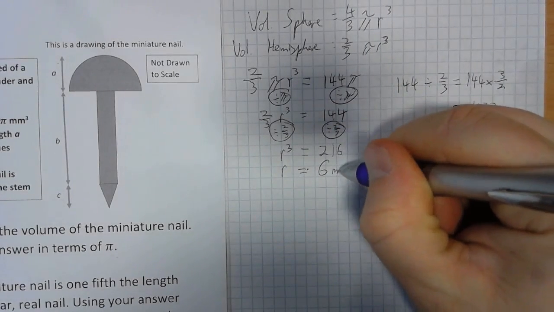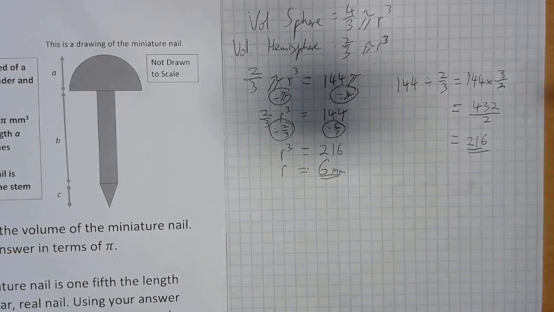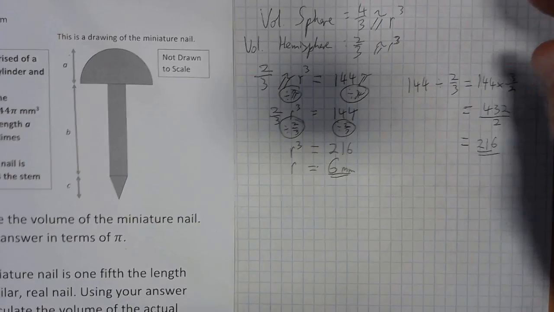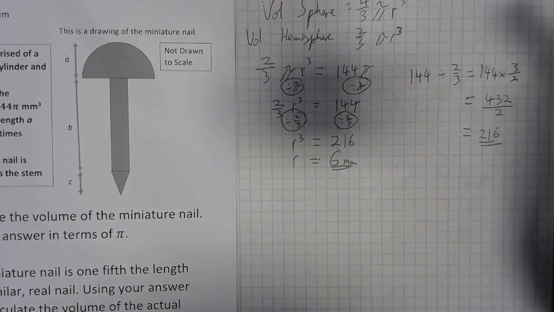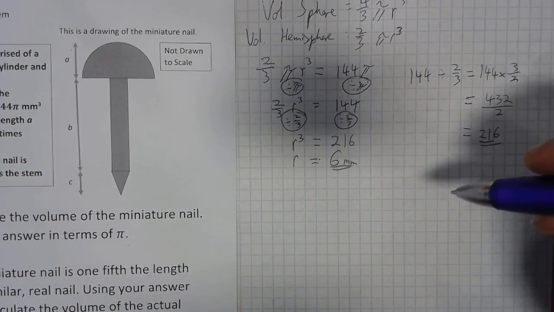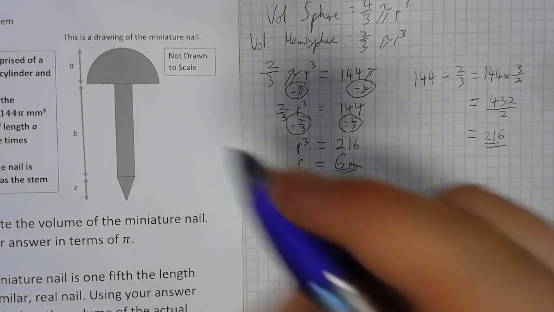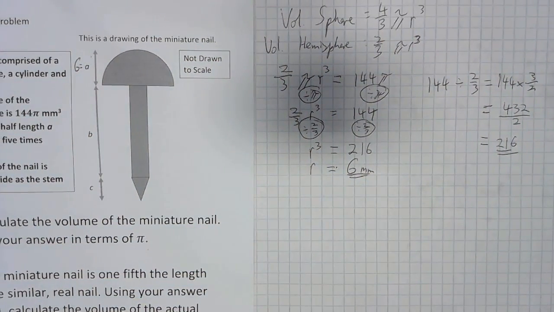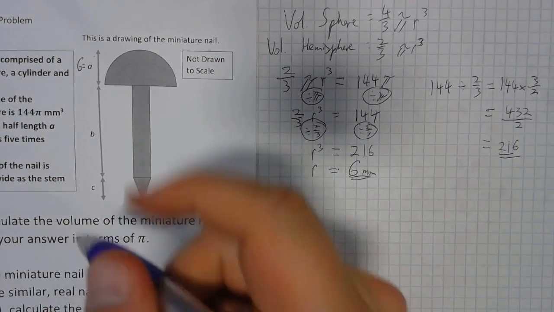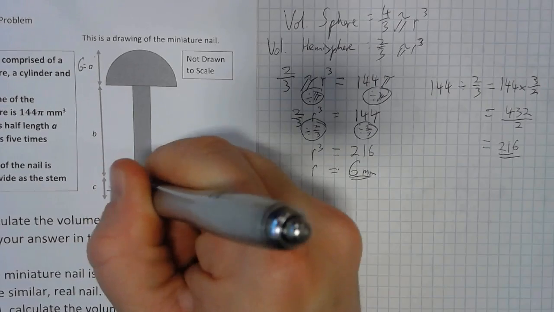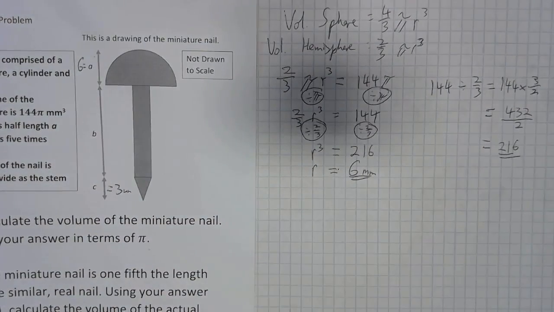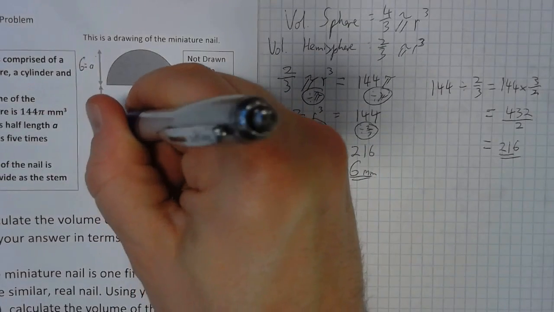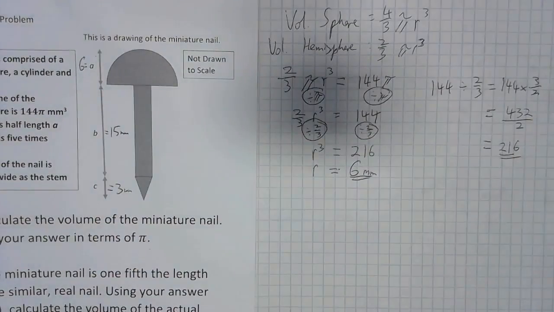And it's millimeters that we were talking about here, wasn't it? So I've got the really important information that I needed to extract at the start of the problem. I can now just work it through. So if r is 6, this length here, A, must be 6. And then it says C is half of A, so that equals 3 millimeters. And it says B is 5 times C, so that's got to be 15 millimeters.